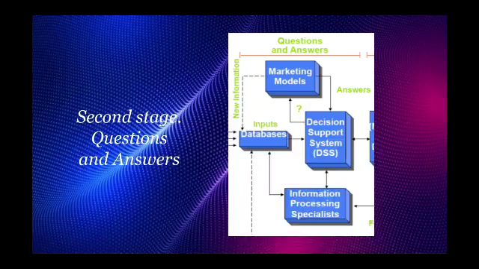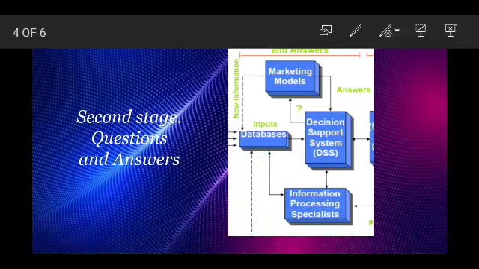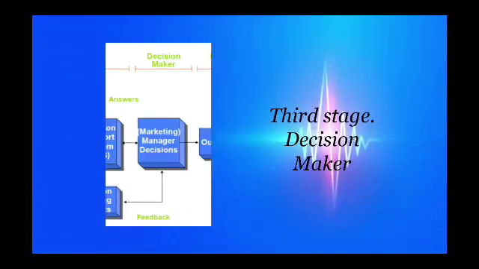For the next stage, we have the decision maker. The decision maker is so important because it is the decisions from the manager. The manager has to make decisions. But how do managers make decisions?